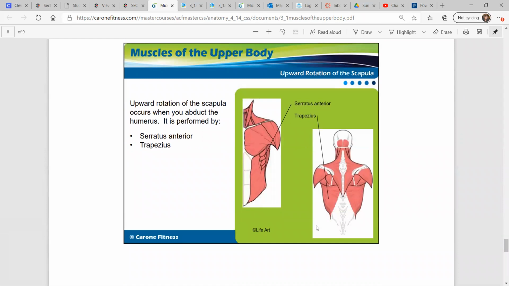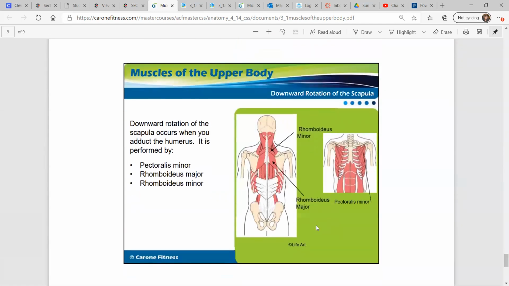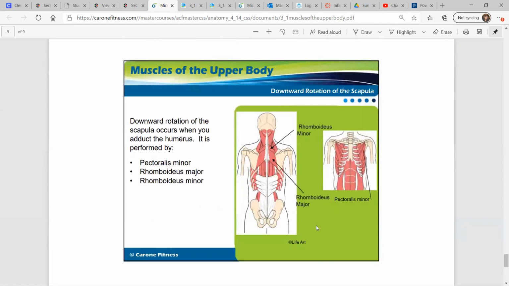Upward rotation of the scapula occurs when you abduct the humerus, and it's performed by the serratus anterior and the traps. Downward rotation of the scapula occurs when you adduct the humerus, and it is performed by the pectoralis minor, the rhomboideus major, the rhomboideus minor.